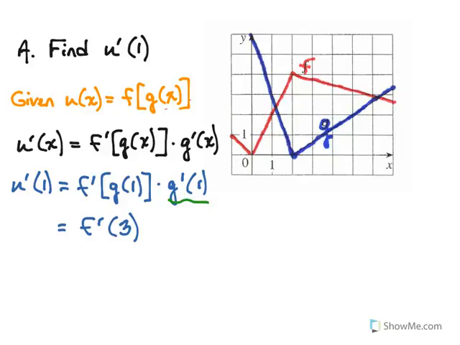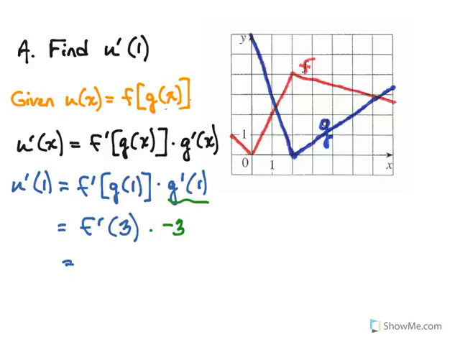So since we're given a graph, really what that's asking you is, at the point where x equals 1 on the graph, what is the slope of that g function? So if you take a look at it, you'll find that it's equal to negative 3. You can go down 3 over 1. So that's negative 3.